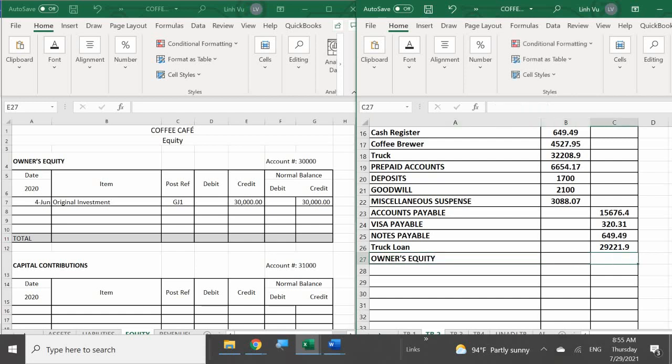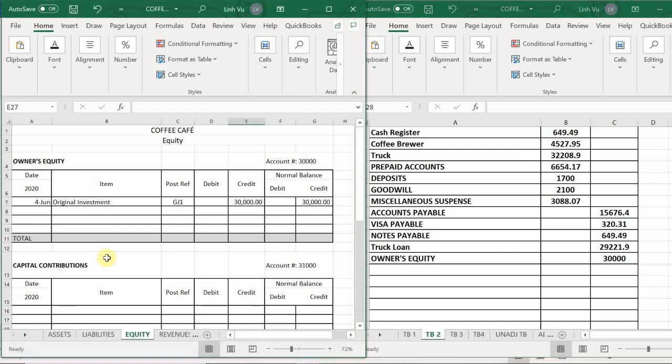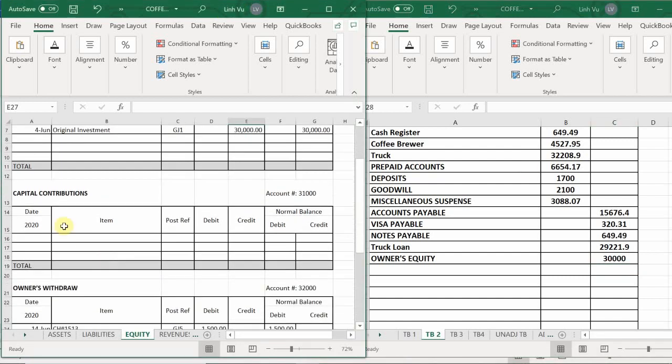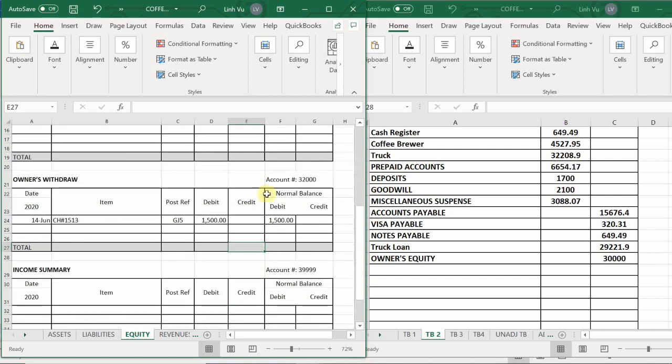We started with $30,000 on the credit side. No capital contributions, but we did have an owner's draw.